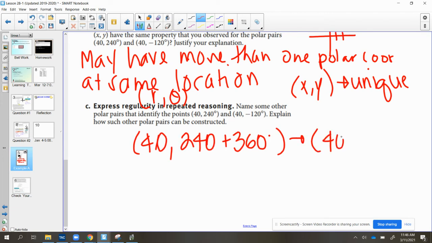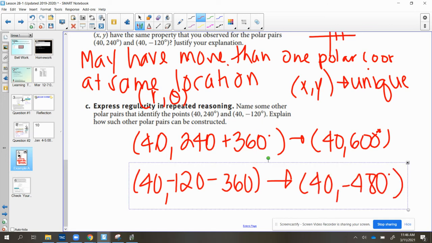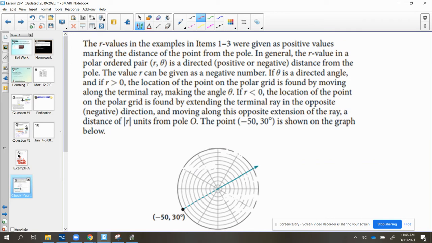Because we could be at 40 comma 600, and that would be at the same location, or you could subtract from negative 120. Maybe you want to subtract 360 more, and you end up at 40, negative 480. Those are all officially at the same location, again, because of that kind of coterminal nature to our polar points.